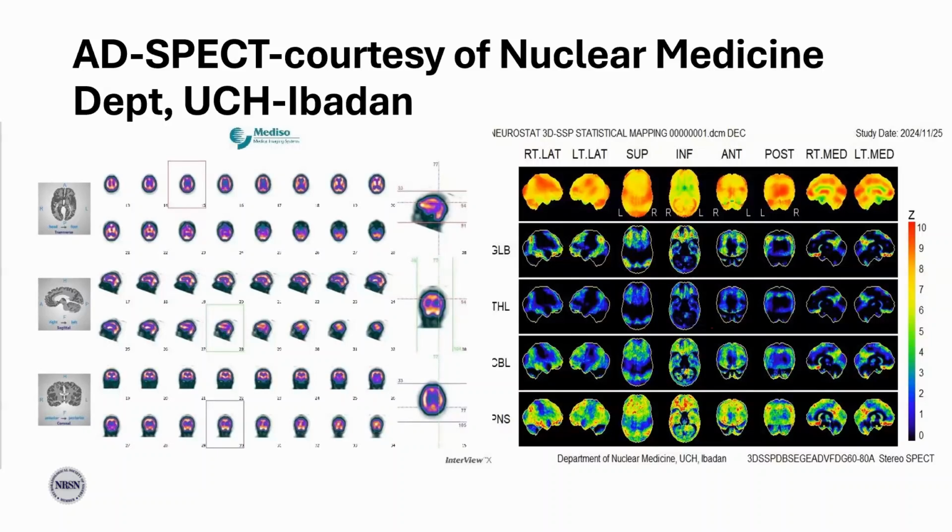It just connotes that normal brains have been imputed on this database. Across 20 years and across 40 countries, they've been able to generate a database of normal brains.